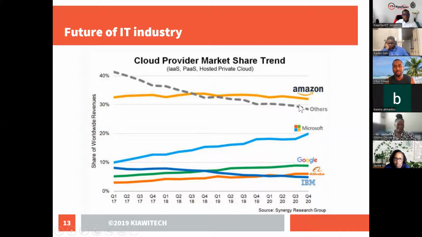It's second, followed by Google Cloud, Alibaba, and then IBM. You also have a lot of other cloud providers, but these are the top guys that are really doing tremendous work out there. And you see that the market share for Azure is rising tremendously, and it's highly competing with AWS.